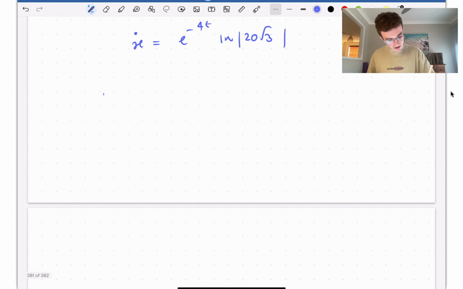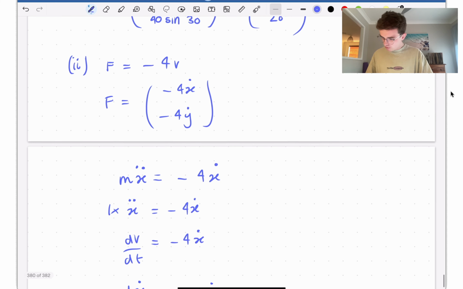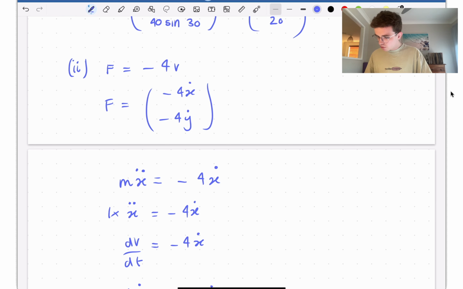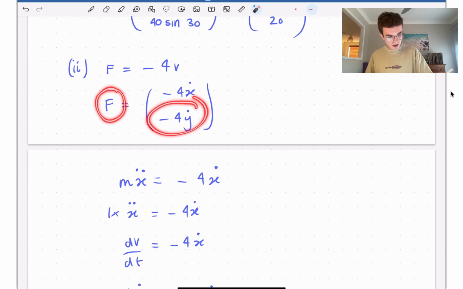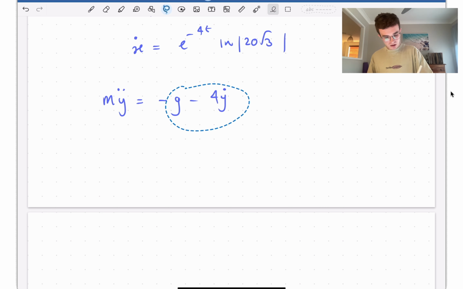So we know that my double dot is equal to, well, if we have a think about our movement in the y direction. Now this is projectile motion. So not only is the force in the y direction, but we've also got that gravity force. So vertically, it's going to be minus mg realistically, because it's a gravity force.